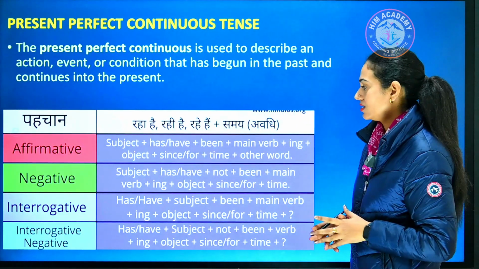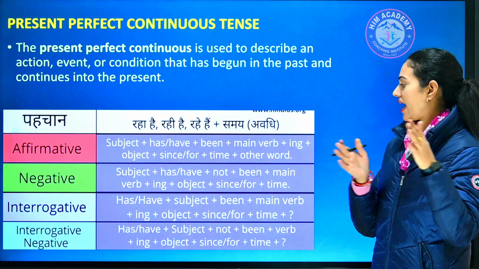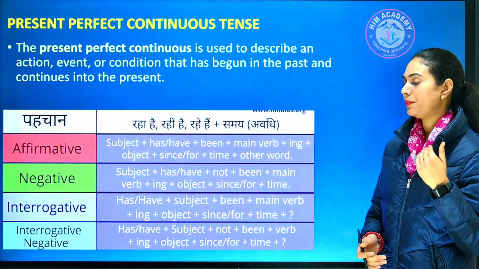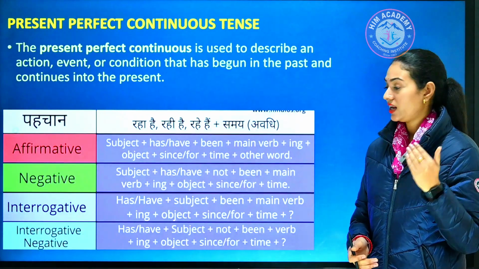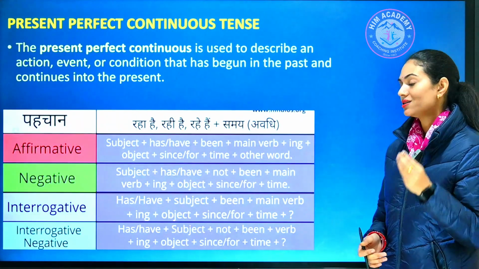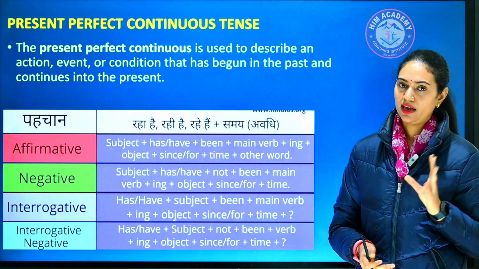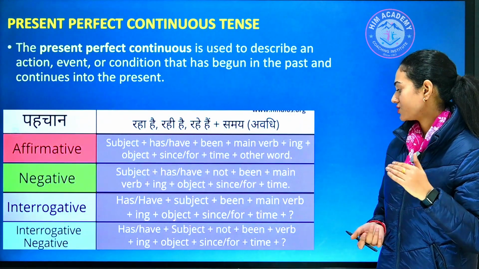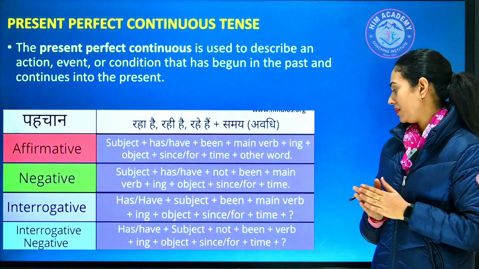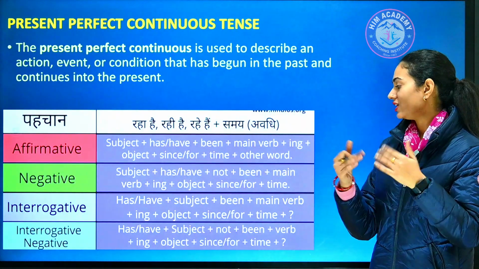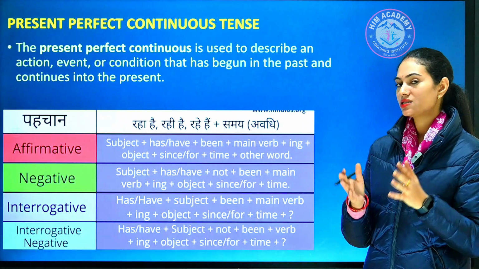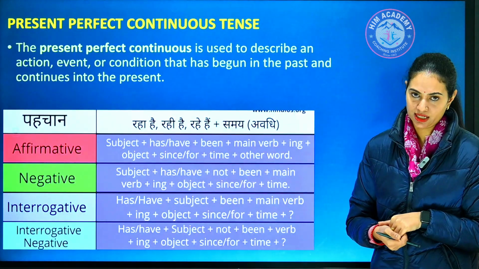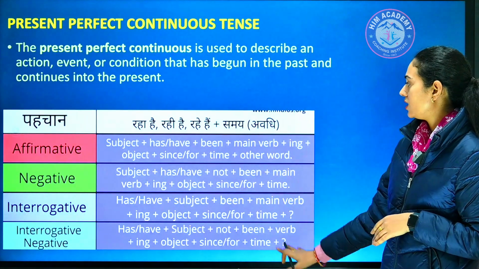Interrogative: has/have in the front, subject, then been, then main verb first form with ing, then object, since, for and time. For interrogative negative: has/have plus subject plus not plus been plus first form of verb with ing, object plus since and for and time. So these are the important structures.